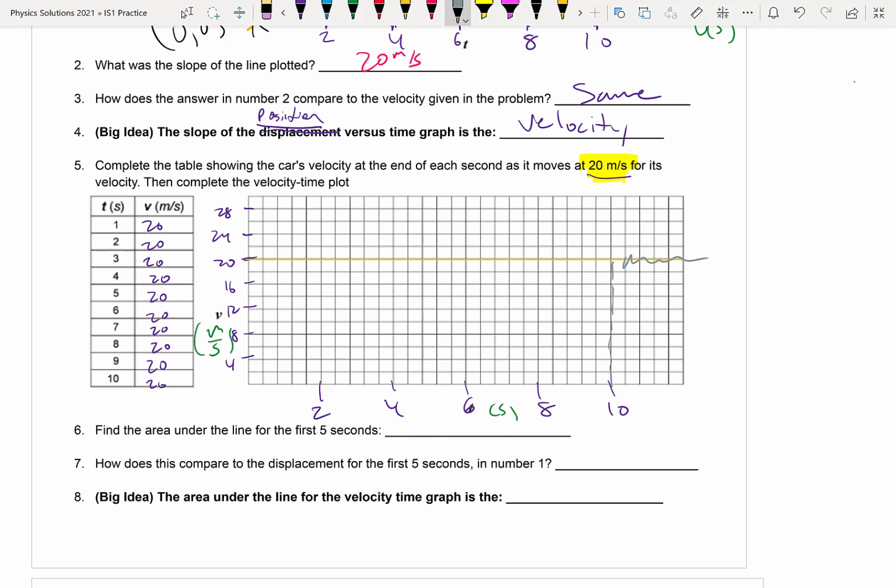It says find the area under the line for the first 5 seconds. So the first 5 seconds will be up to here, and I'll find the area that's under here. Area is base times height. The base is 5 seconds and the height is 20 meters per second.